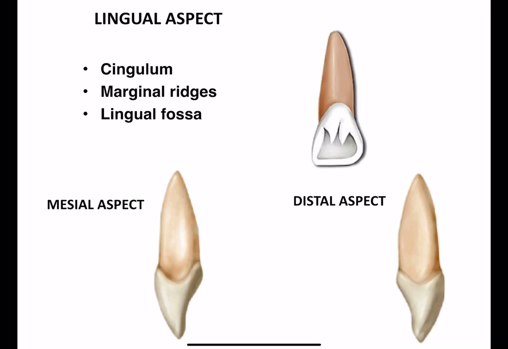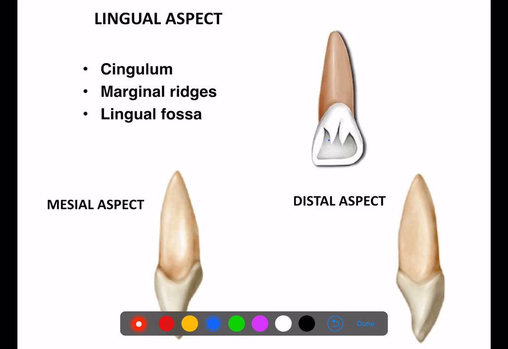In the lingual aspect, you have to remember three important points, that is the cingulum, marginal ridge and lingual fossa. Cingulum is nothing but a smooth convexity which is present on the lingual side, and the marginal ridges are present mesially and distally near the cingulum, and between the marginal ridges there is a concavity called the lingual fossa.